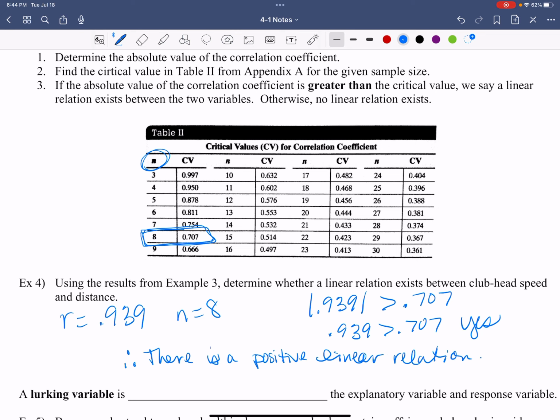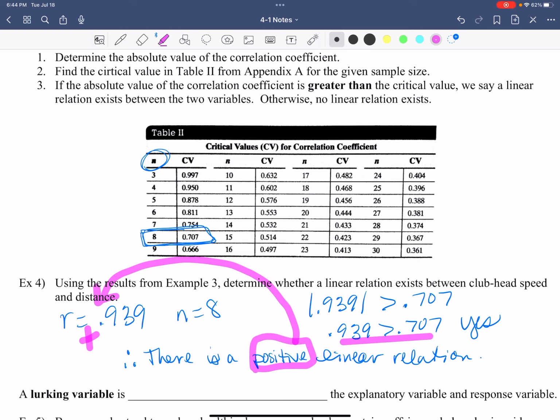And I know that this is positive because my correlation is positive. That's what makes that positive. And it is a linear relation because this relationship tells me that it's a linear relation.